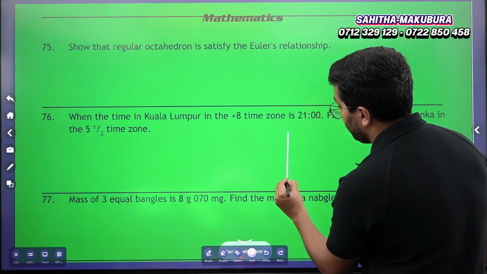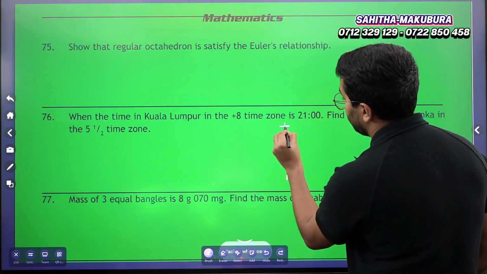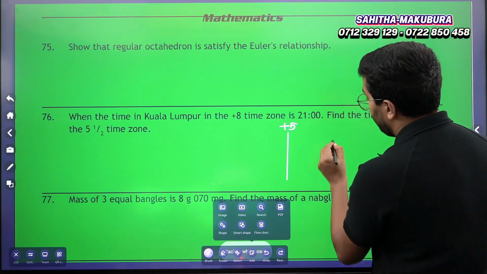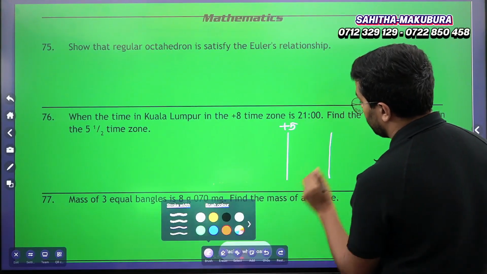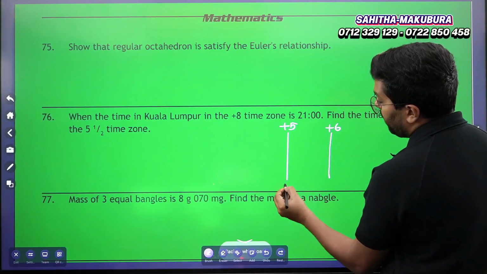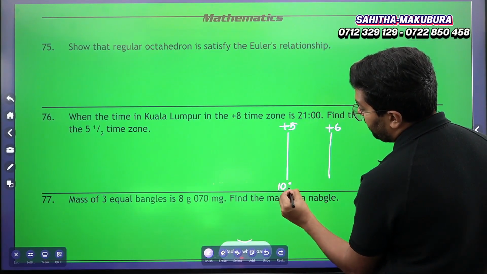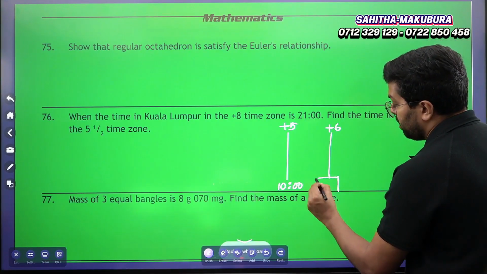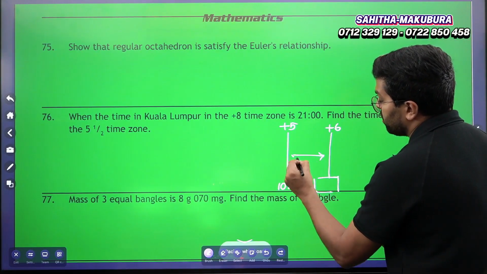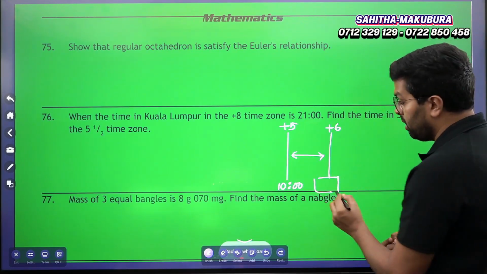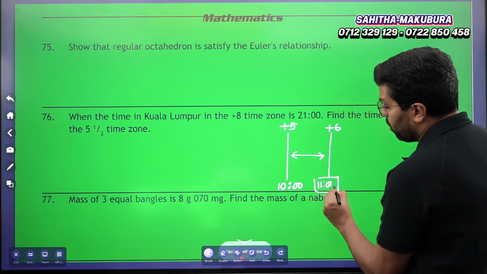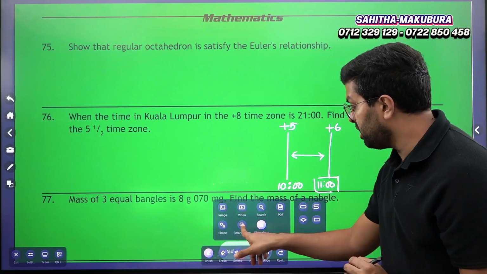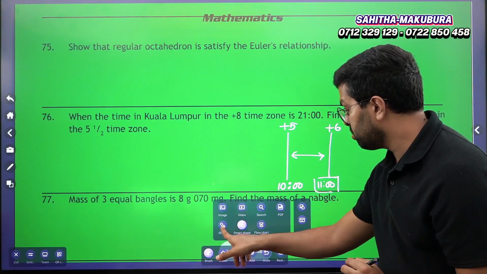Let's say we have a city in the positive 5 time zone and another city in the positive 6 time zone. If the time in the first city is 10 in the morning, what is the time in the other city? The time difference between the two time zones is 1 hour, so the time is 11 hours.